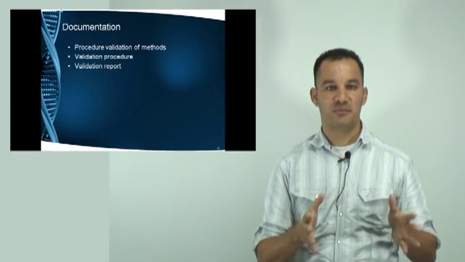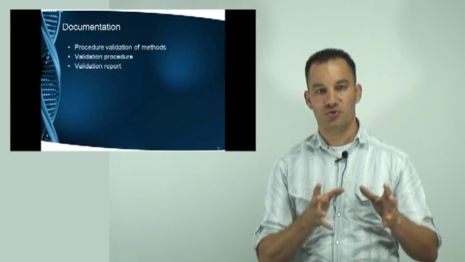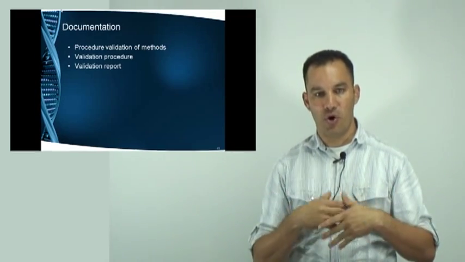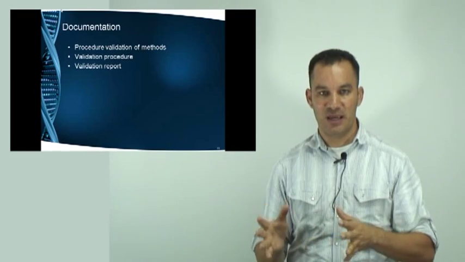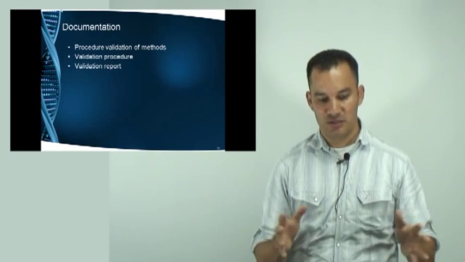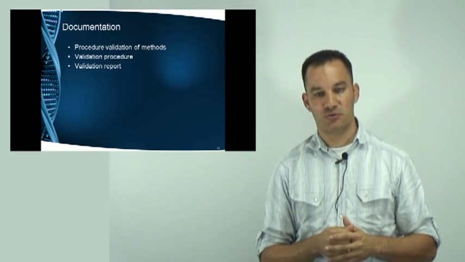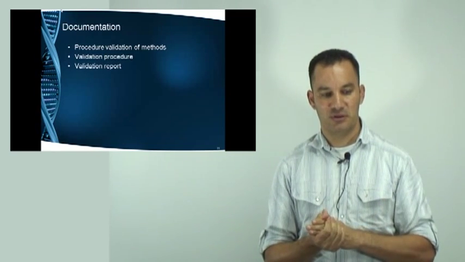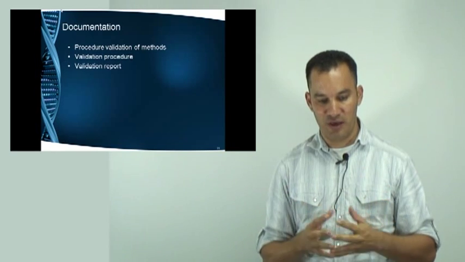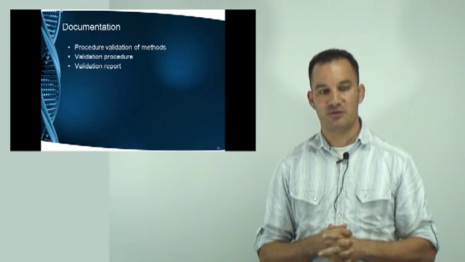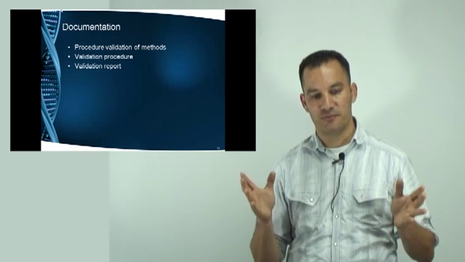After the experiments are performed, they will use the procedure to write a validation report in which all the information gathered during the validation is written down and signed off by somebody who has the authority level to sign off this validation experiment or the validation report.